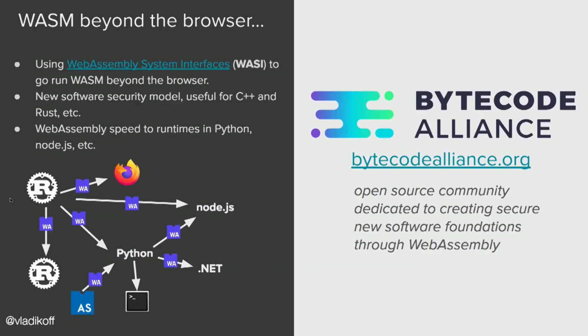You've seen an example of that already. But for example, Python can load the same WebAssembly module and also load one from AssemblyScript. And the Python program outputs to terminal, but also it exports to a Node.js server. And this week there was a post about .NET being able to use and load these modules as well. So you can see how flexible the future can be here.